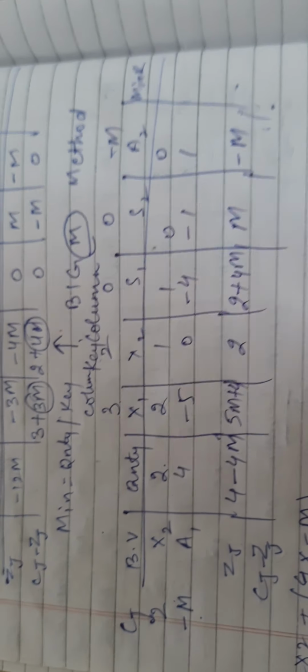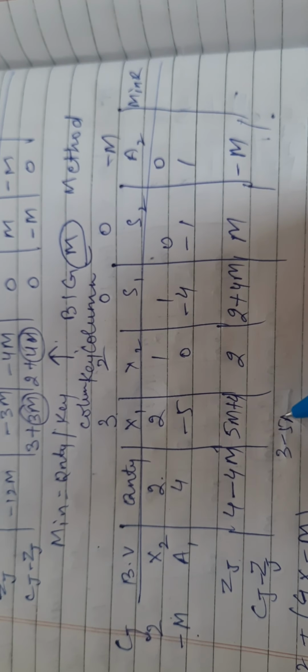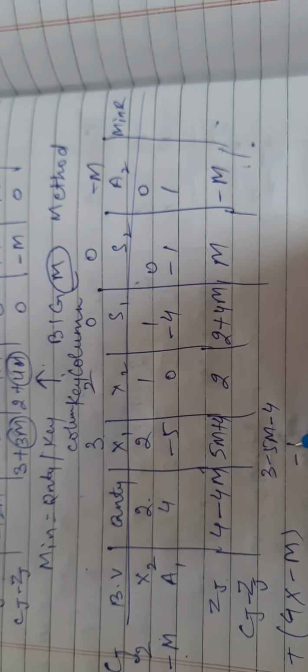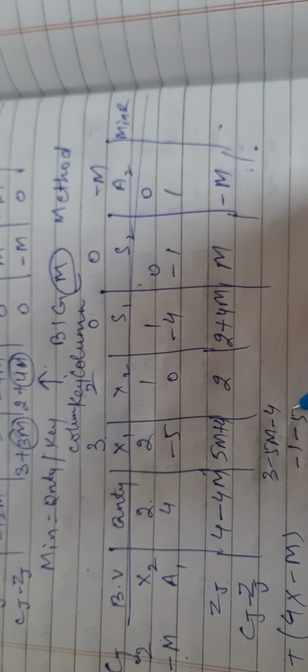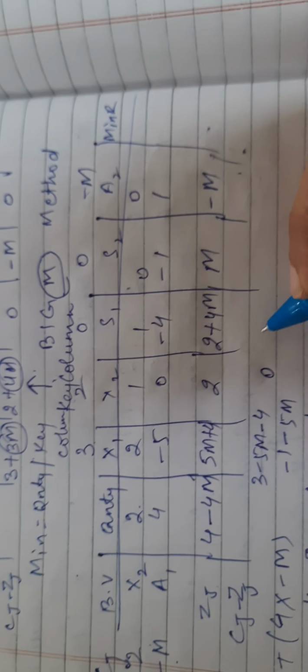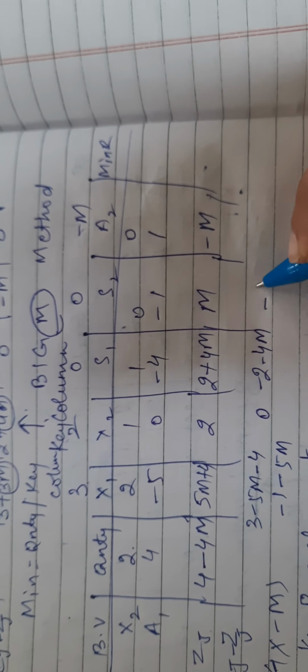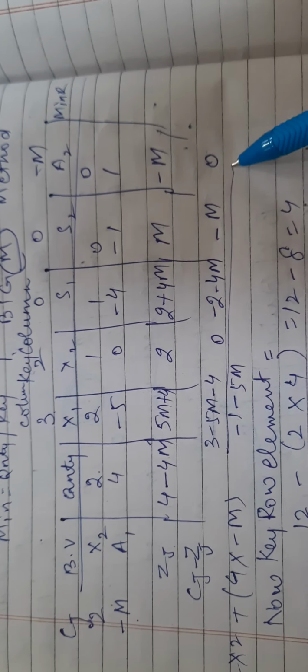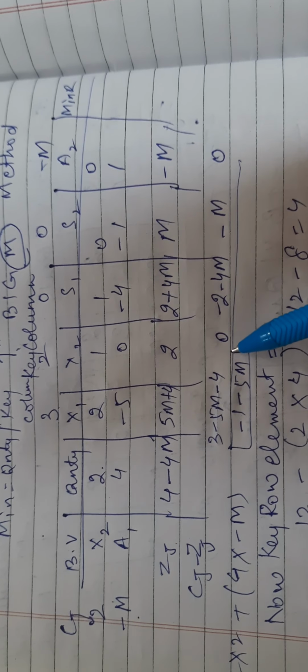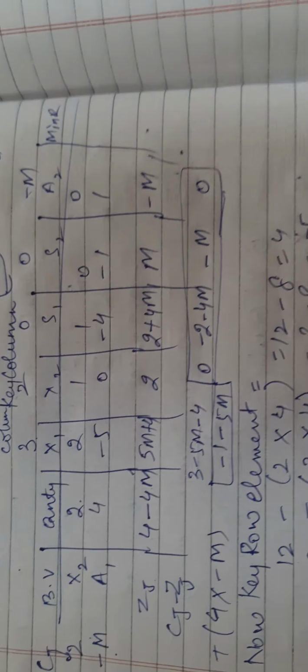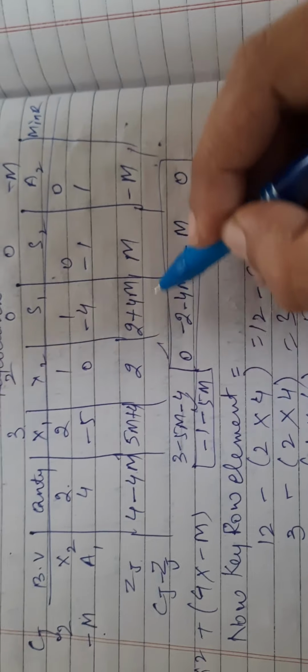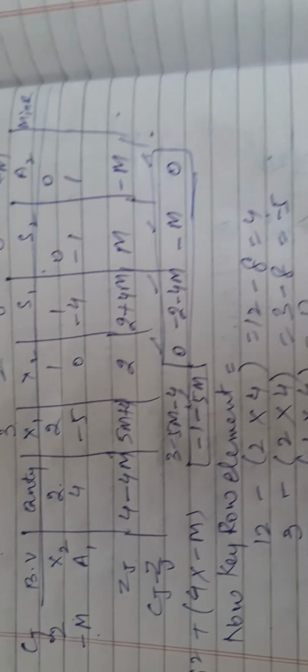So 3 minus 5M plus minus 4 comes to be minus 1 minus 5M. Here 2 minus 2 is 0, here minus 2 minus 4M, and this is minus M, and this is 0. So this is cj minus zj. Since all the values are 0 or negative, I have reached my solution.